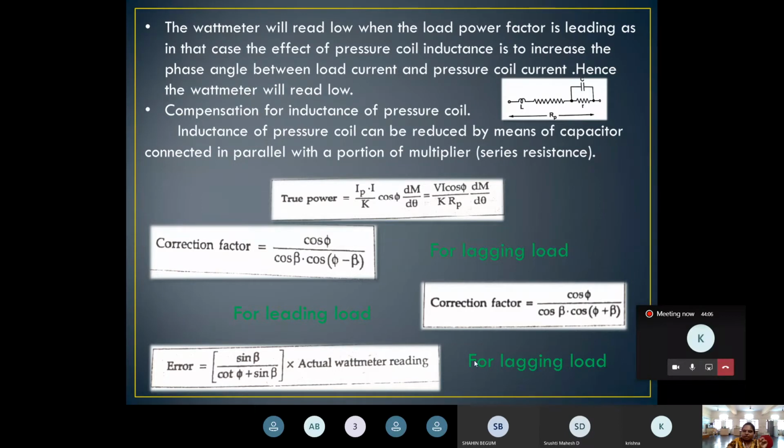Then what is the error for lagging load? Error is going to be taken as sin beta divided by cos phi plus sin beta into the actual wattmeter reading. What is the actual wattmeter reading? We have to note that down, then calculate this, then you will get the error induced by the wattmeter.